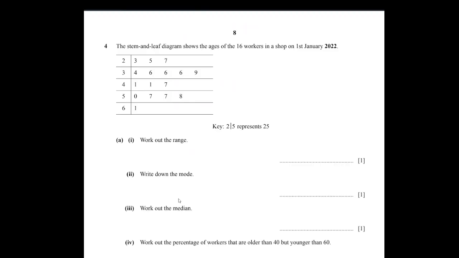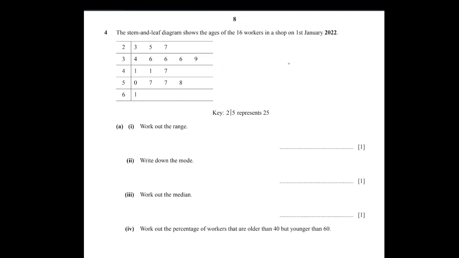Question number 4 now. The stem and leaf diagram shows the ages of the 16 workers in a shop on 1st January 2022. These are the 16 workers, stem and leaf diagram given. We need to find out the range for the first question. The key is also given, 2, 5 represents 25. So this is 23, 25, 27, 34, 36, 36, 36, 39.